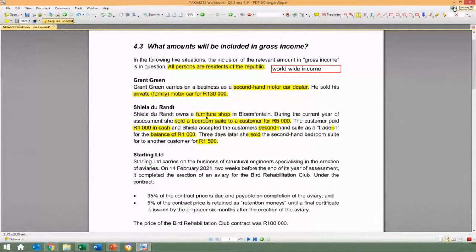Okay, so if we look at this one, what category or component in our gross income definition would be affected? What category or component in our gross income definition do you think will be affected in this scenario?